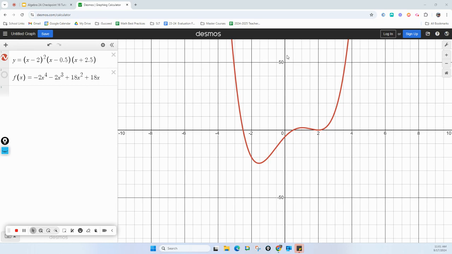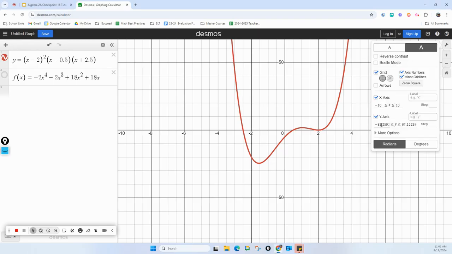For example, the y values are really big, going up to probably 60 and negative 70, whereas the x's are not. So I adjusted those over here. I needed to see more up and down, so I made my y's a really big negative number and a really big positive number, whereas I didn't need to be super zoomed out on the x's.